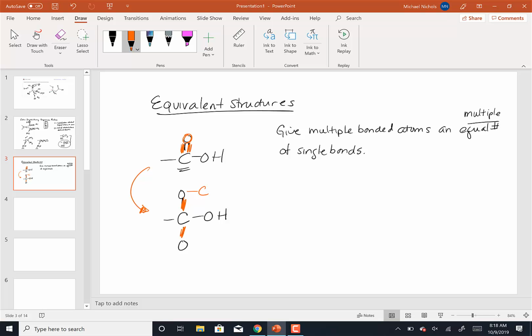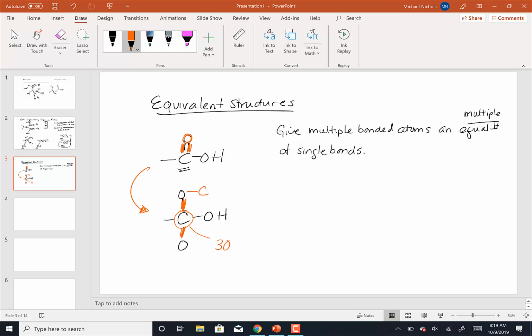Okay. And all its purpose is for me to go, oh, that carbon has now three O's attached to it. So now I can make a fair comparison. Why would you not bond the carbon to the oxygen at the bottom? I could, but I can only bond a carbon to one of the two oxygens.